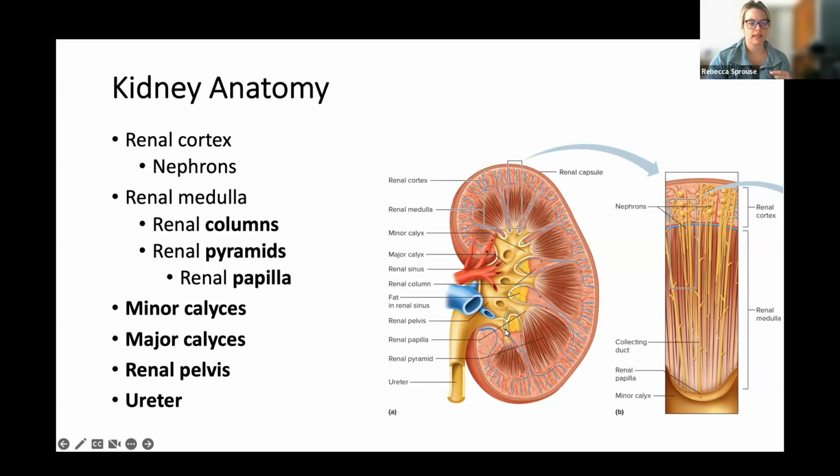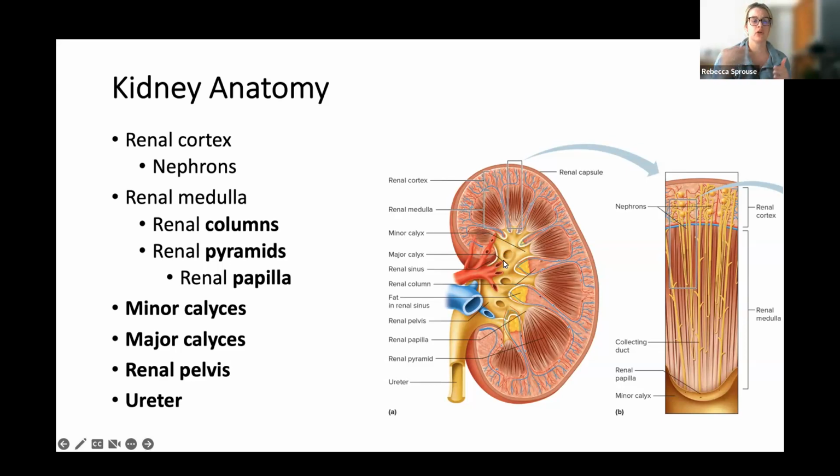Multiple minor calyces are going to merge into what we call a major calyx. And so this is a good example up here. Here's 1, 2, 3, 4, 5 minor calyces merging into a major calyx area. It's kind of like a tree branching here. It's just a bigger branch than these little ones here. So this is a major calyx.